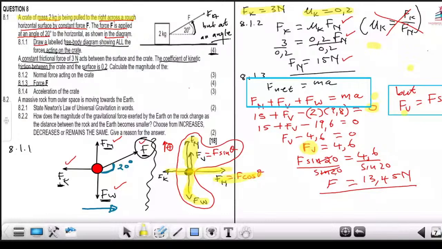If you start by saying mu k is equal to Fk over Fn, that is not correct. You write the formula as it appears in the formula sheet. Then that will be Fk is equal to mu k F normal, or the capital letter N.